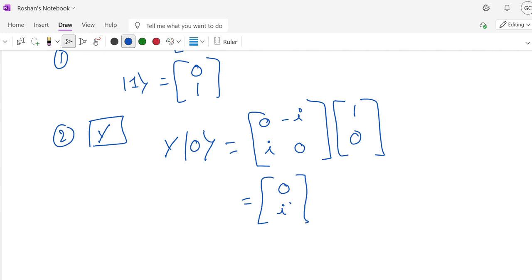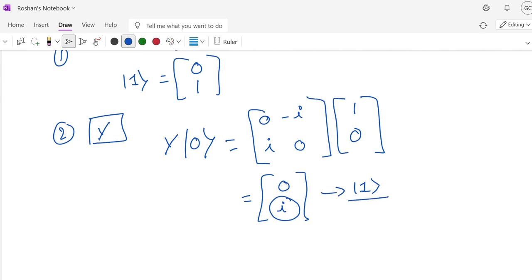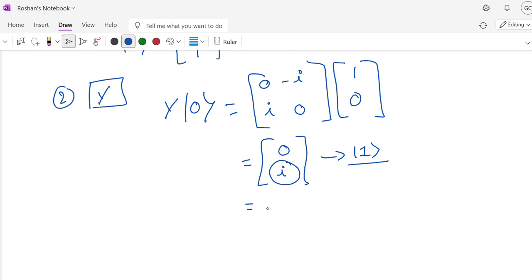Where i is there, it is in the second row, which is the one state. So you can write this as i|1>. Can I write that or not? You can cross verify this.